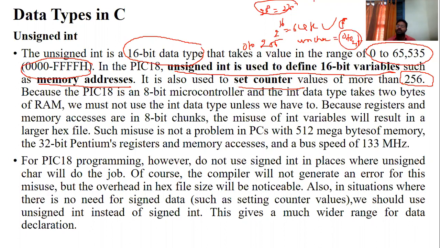If you count more than that value, suppose 300, you can count the numbers 300 or more than that, or some set count value. At that time we are using the unsigned int. But remember, this microcontroller is an 8-bit microcontroller, but the available unsigned int is a 16-bit type.